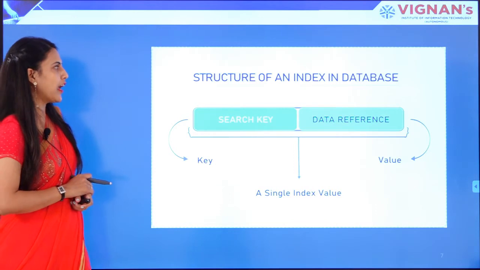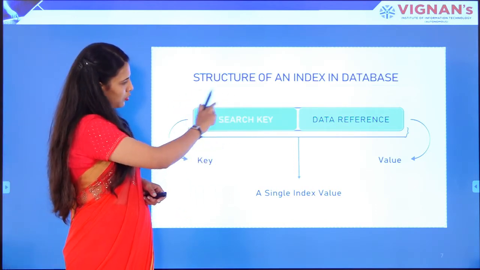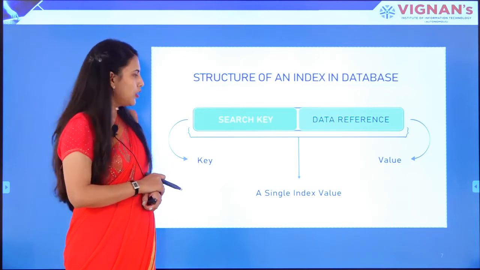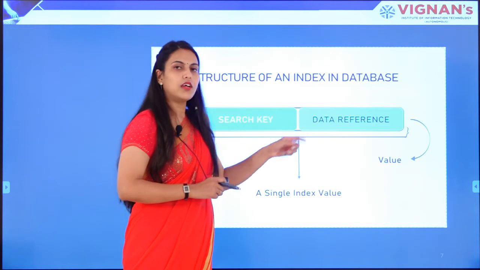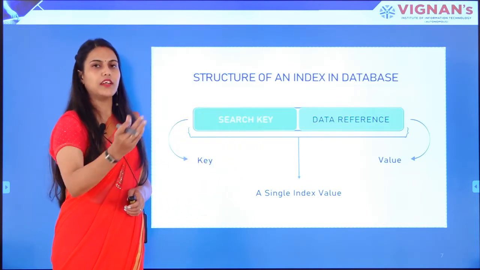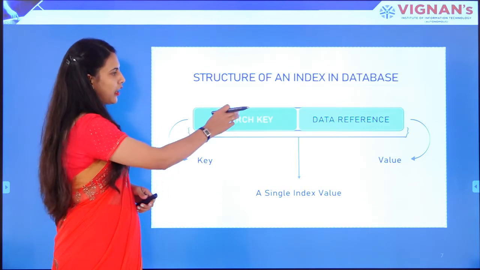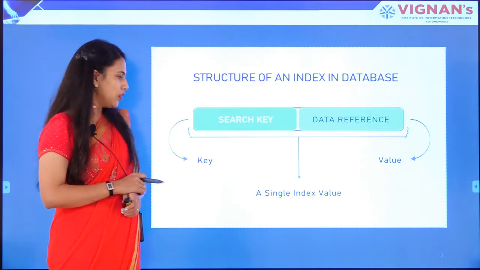Here we have the structure of an index. An index is a 2 column table. The first column is the search key and the second column is the data reference. The search key attribute will contain the values that are stored in the table, and the data reference will contain the pointer to a particular block.